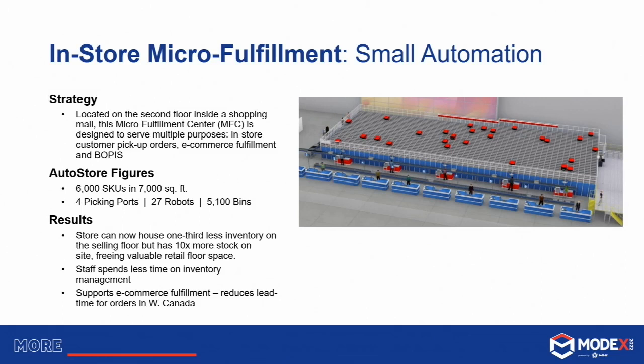Another example of lower automation or small automation is micro-fulfillment in general. This example is actually in a retail store in Calgary, Canada. It is the Decathlon store, and it's an actual retail outlet where we go to shop.